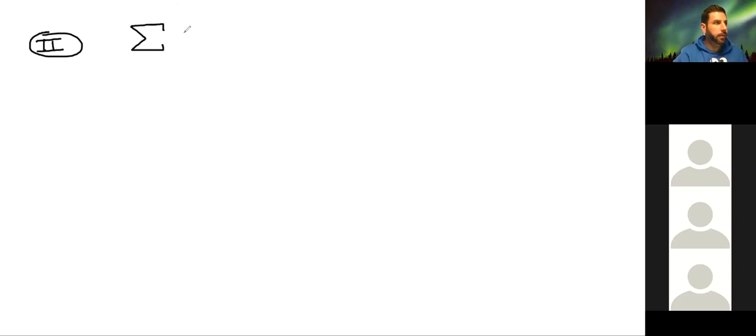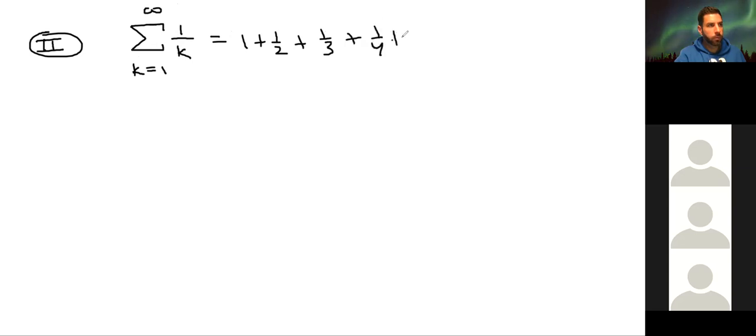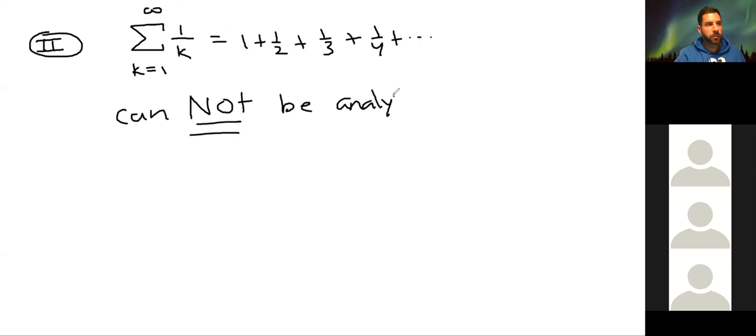So let's take this limit, which we looked at before. This guy, which is 1 plus 1/2 plus 1/3 plus 1/4, cannot be analyzed by the divergence test.